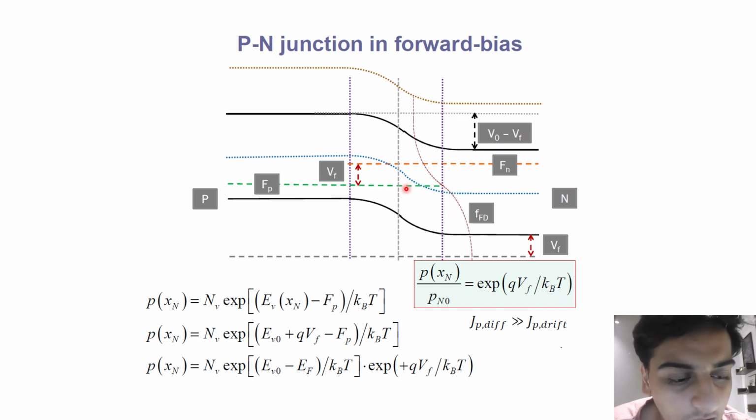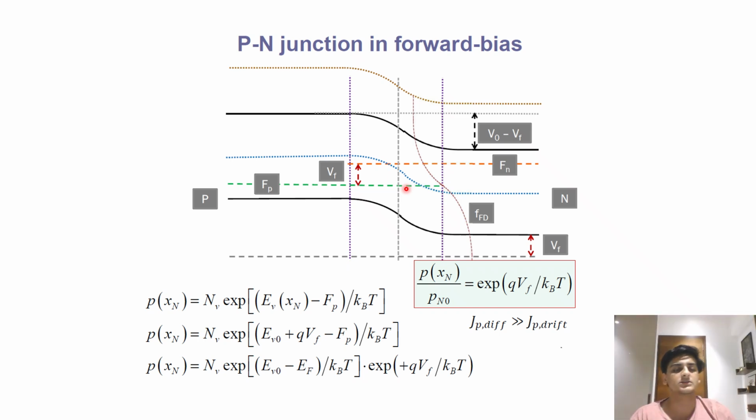Now I'll talk about why it is justified to do this. One thing that's important to understand is that the Fermi level is a mathematical tool used to analyze equilibrium carrier concentration. When we apply a bias, we are no longer operating in equilibrium, because the bias is going to push holes from the left to the right, which means you're going to have an excess of holes on the right, and the number of electrons on the right is going to largely stay the same, because that's determined by the number of charge carriers.